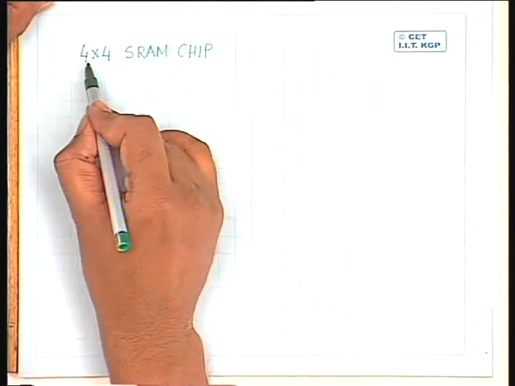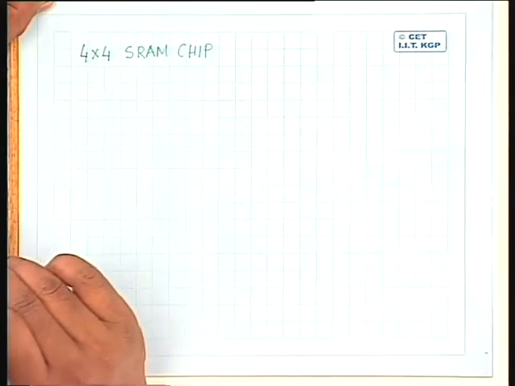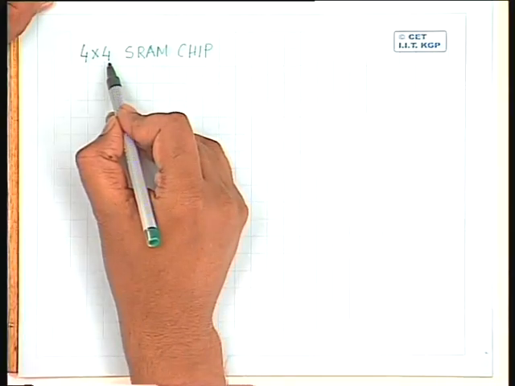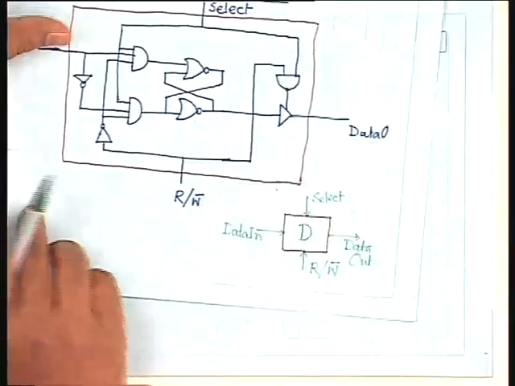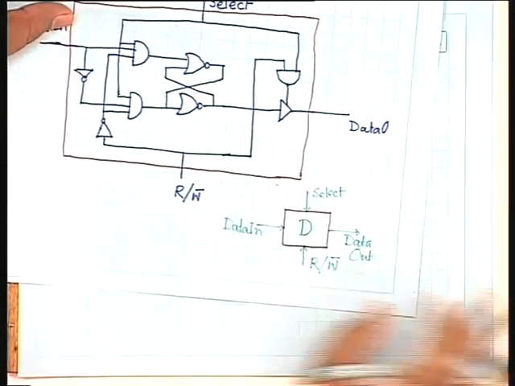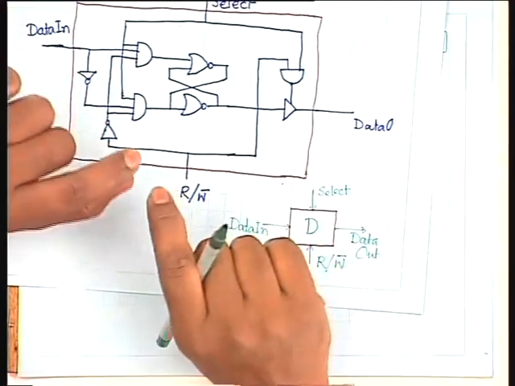The organization will be something like this, because I have 4 different locations, and every location will consist of 4 bits. That means for every location, I have to have 4 such static RAM cells placed in a linear order. Okay, so I can consider that this is a row of 4 such static RAM cells. Since I will have 4 locations, each consisting of 4 bits, I will have 4 such rows. In every row, I will have 4 static RAM cells.